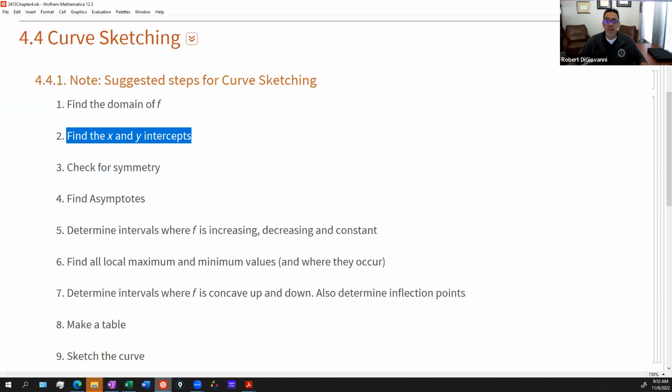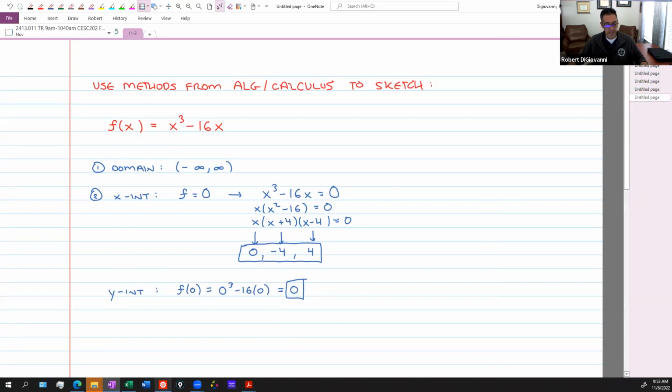Check for symmetry. So here's what I'm going to check for. Symmetry. So first thing I'm going to ask myself, question, is this even?